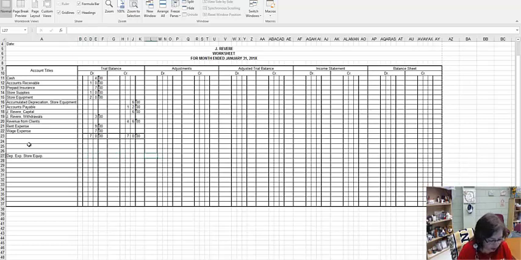Now what I'm going to do is put an A on it so that I know that I've already done problem A, so that I can also show where I've debited it and credited it. So I'm debiting the depreciation expense because, number one, it's an expense. I'm debiting it for how much? It says $6, right? So I'm going to bring it over, 600. There we go. I've debited it.